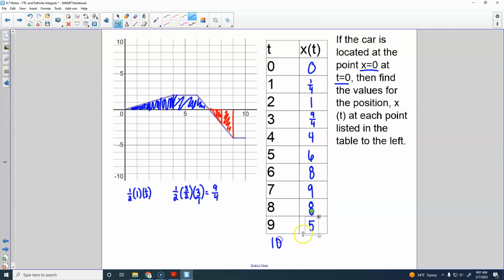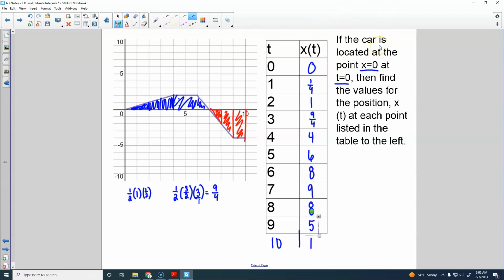It would only let me make my table so long. And then we got 4 units right here, so we subtract 4 more, and that would give us 1. And so this gives you the exact position at those different points, right?